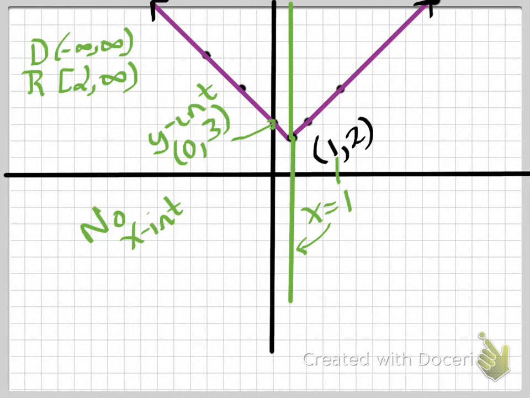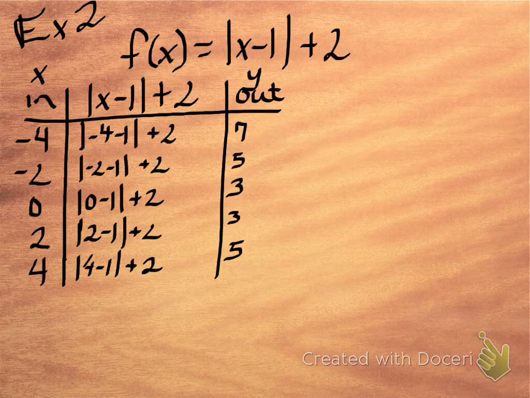Now, we're going to take that same function, and I want to take it a step further. So we're going to take that function f of x equals the absolute value of x minus 1 plus 2, and we're going to answer one more question.